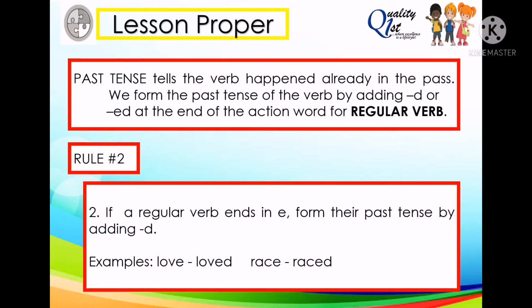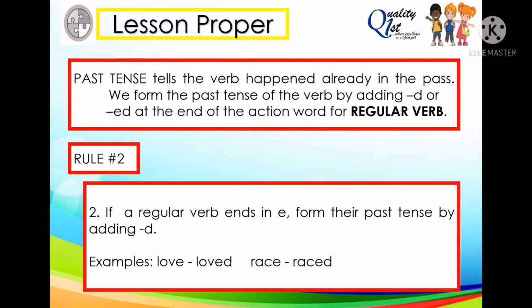It ends with letter E. Now to form its past tense, you just have to add letter D. And there are lots of verbs that end in letter E. When you see those verbs that end in letter E, you just have to add letter D to form their past tense. Okay? Well done, kids.